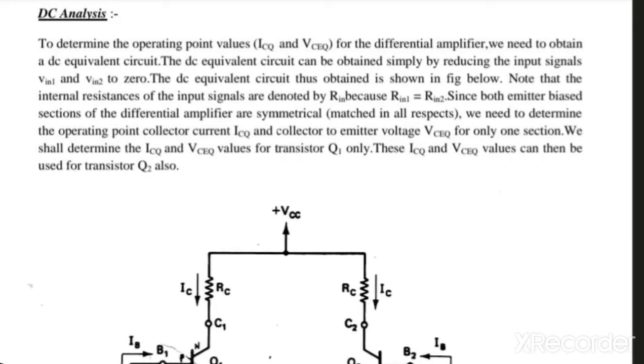The internal resistances of the input signals are R input 1 and R input 2. Since the two transistors are identical, we can take R input 1 equal to R input 2 equal to R input.